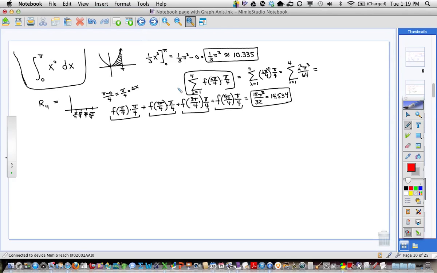Now, I could pull the constant out in front. Remember we did that with that 2 one time? What's constant inside here right now? The 64 and the pi cubed, right? But i is variable. It's a 1 and a 2 and a 3 and a 4. So I can pull the pi cubed over 64 out front, and in here I'd have the sum of i squared. Now where have we seen a sigma i squared before?